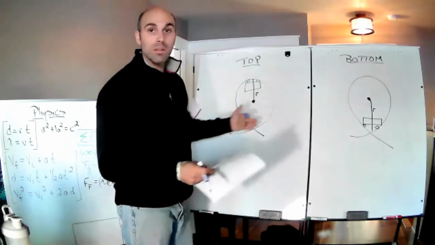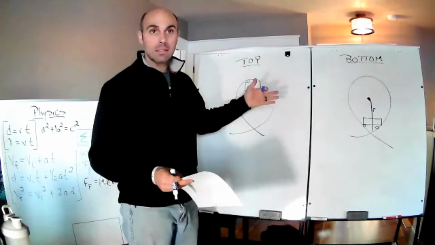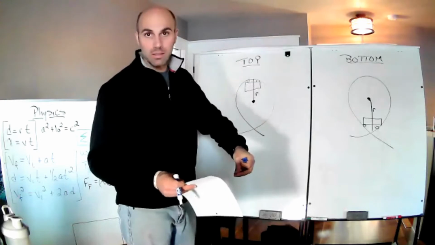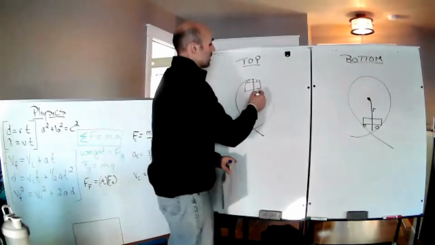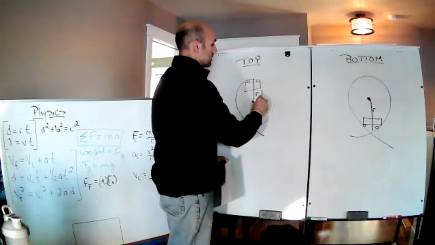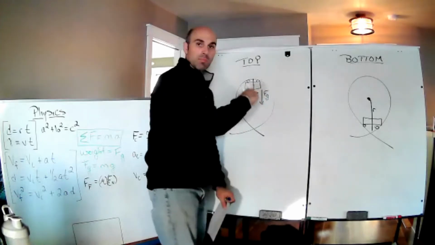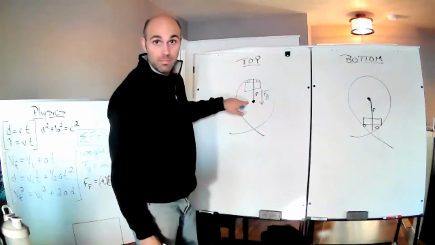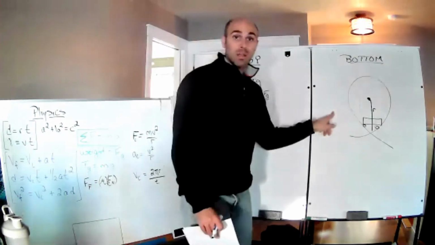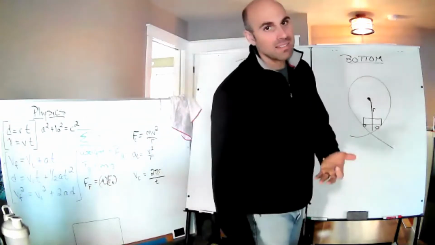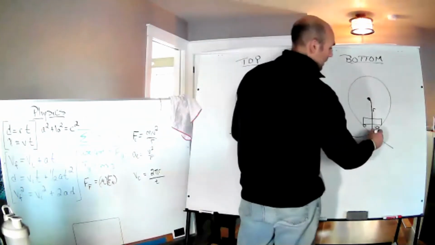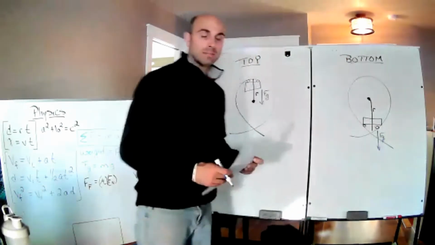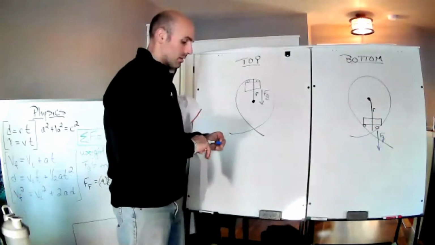So it doesn't matter where the car is, top, bottom, side, gravity is always pointing down. So gravity, F of G, points down, in this case, towards the center of the circle. When we go over to here, gravity will still point down, but it's not pointing towards the center of the circle anymore. F of G. All right.